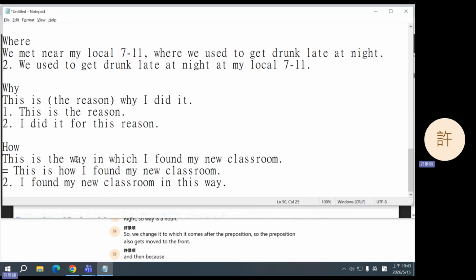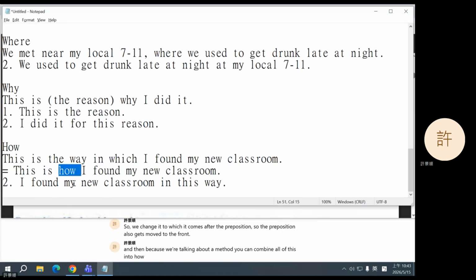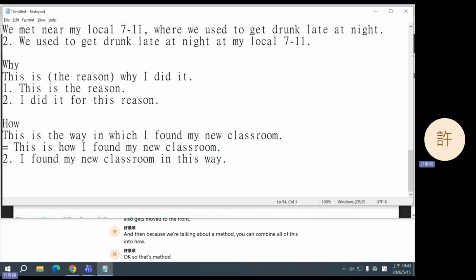And then because we're talking about a method, you can combine all of this into "how." Okay, so that's method.